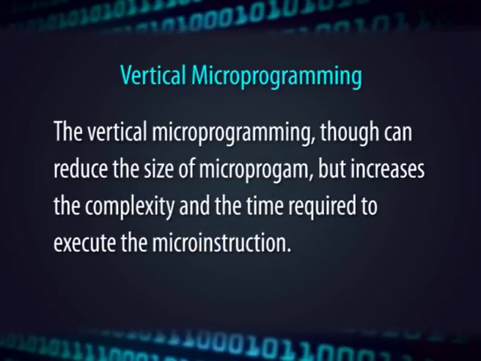Vertical microprogramming, though it can reduce the size of the program, increases the complexity and time required to execute the micro instruction. Let us consider the example of a microprogram having p instructions of size n bits with only x number of valid n bit combinations.